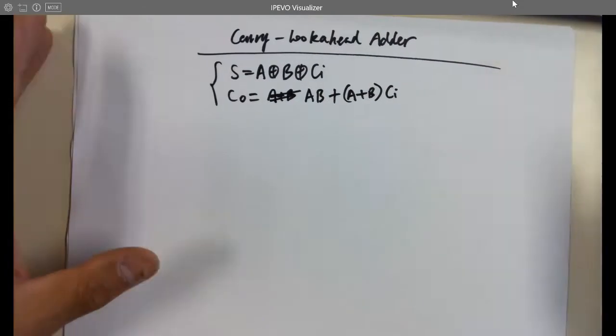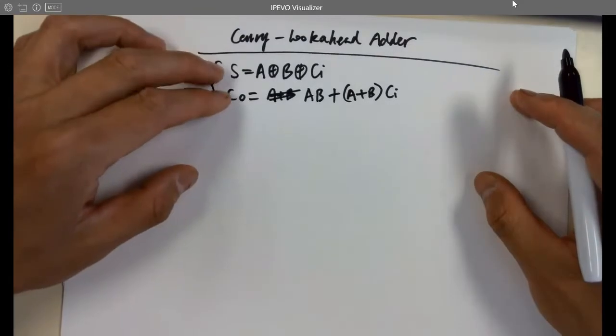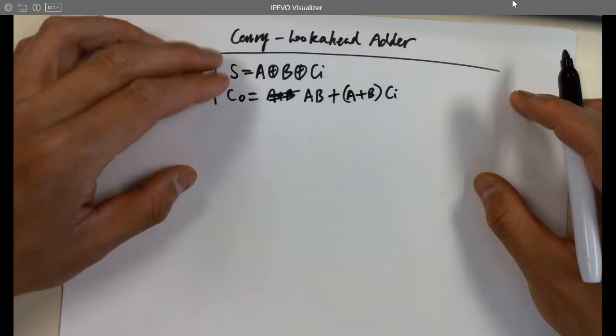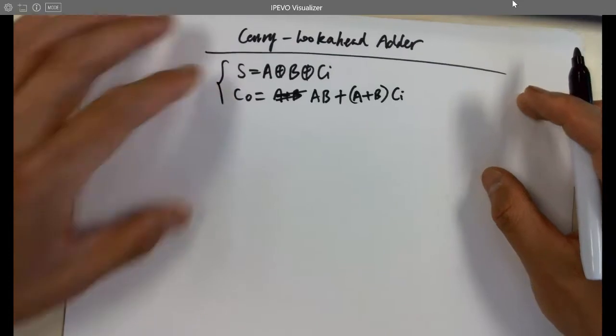So that's the logic. And these are the only two outputs of the 1-bit full adder. Are there any other outputs? No, just summation and the carry out.